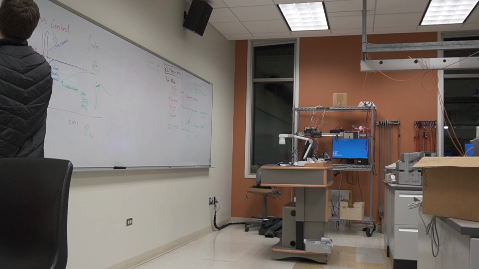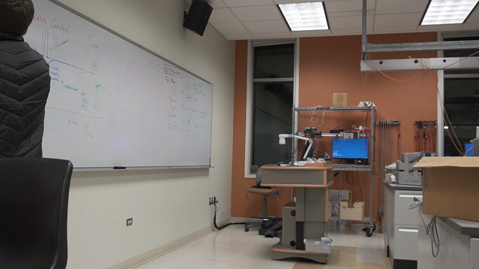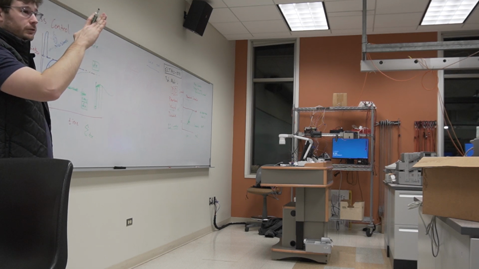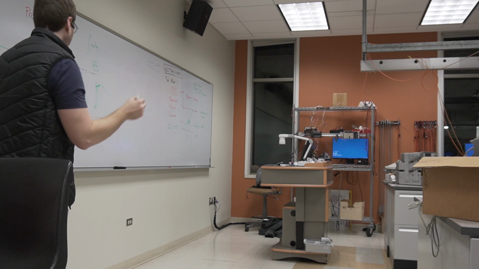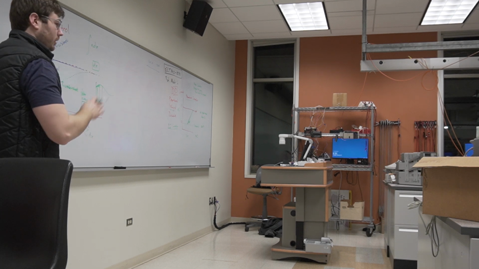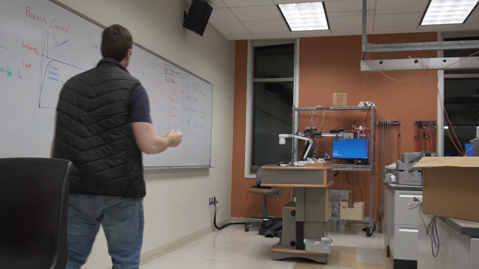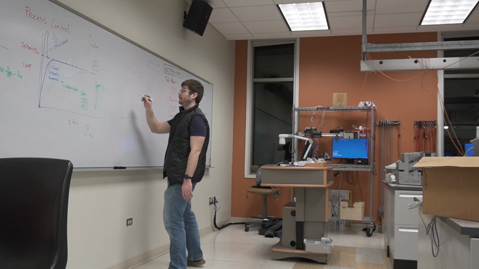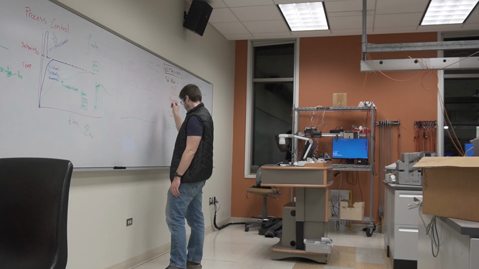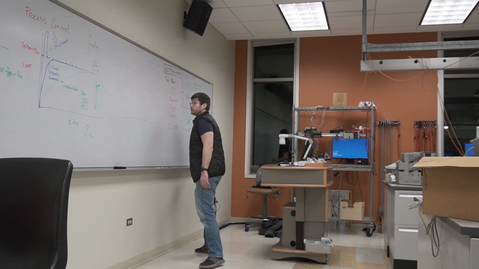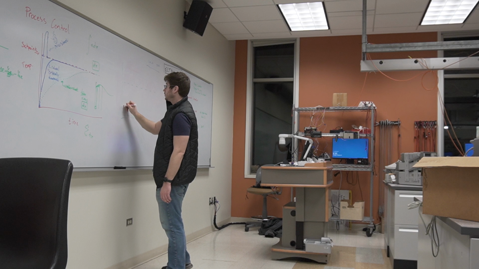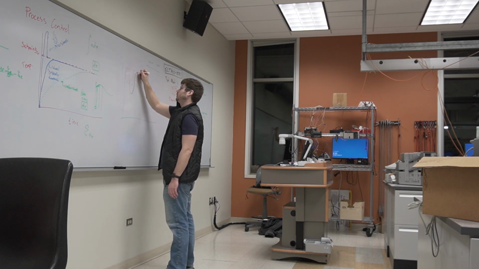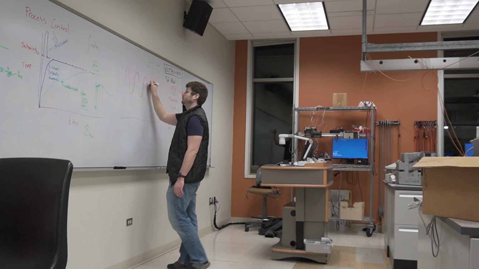It'll never settle exactly in the middle. It'll just keep ticking back and forth as this error tries to correct itself and overshoots. What that looks like on a more proper graph, with this as our set point, is that we go there, and then we overshoot, and then we undershoot, and then we overshoot, and then we undershoot, and so on and so forth.